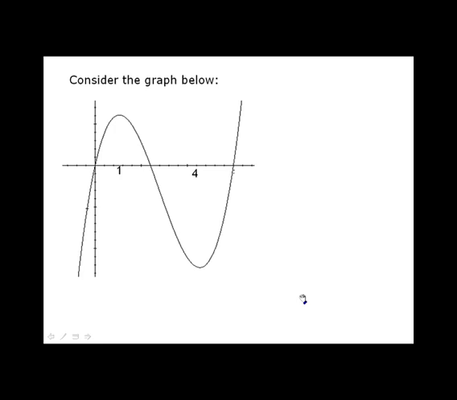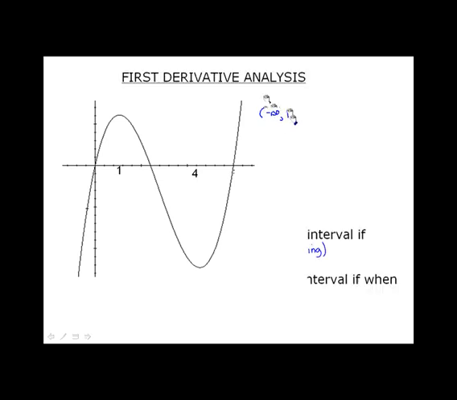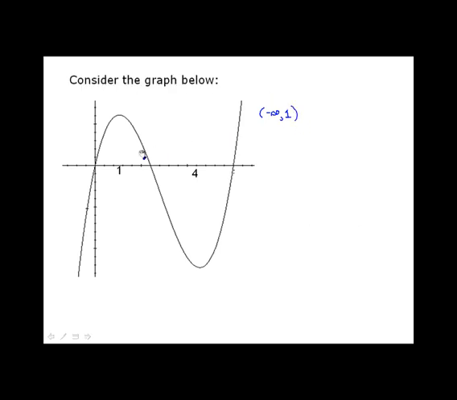Then if you were to consider this function below, if we were to analyze the intervals and where this thing is increasing or decreasing, just going to make these points. In the interval negative infinity to 1, let's say, non-inclusive, we would say that the graph is increasing.